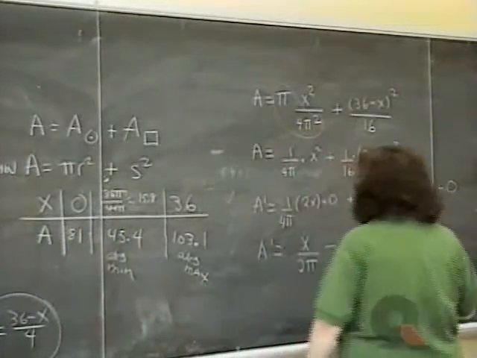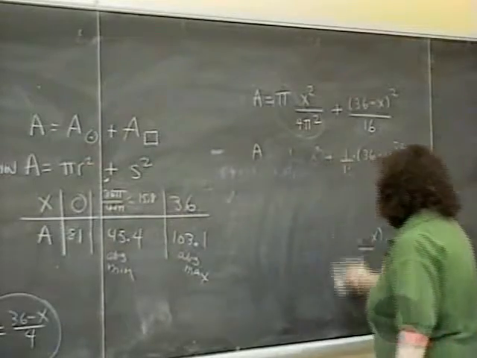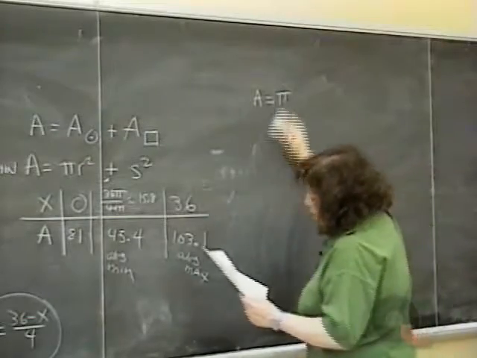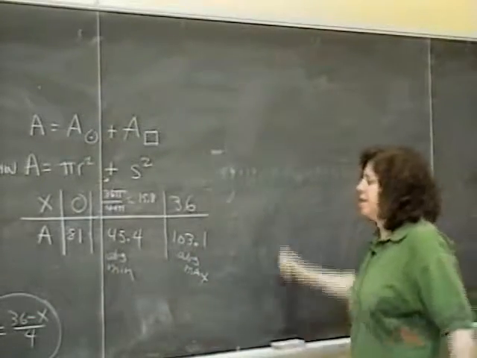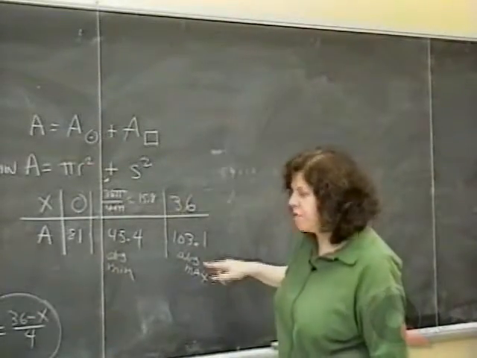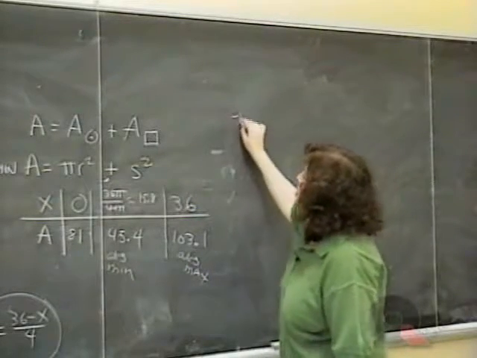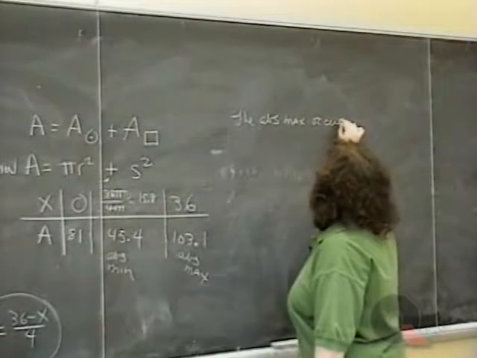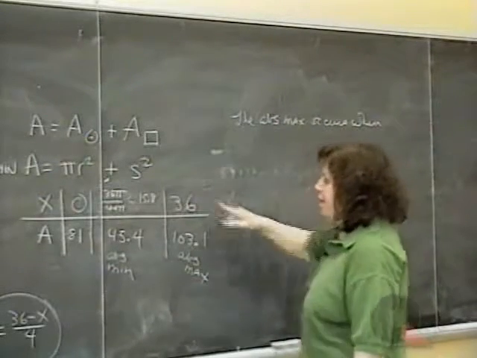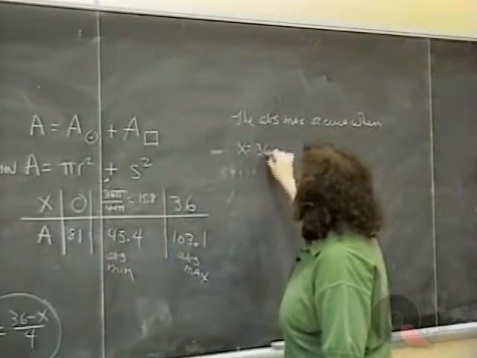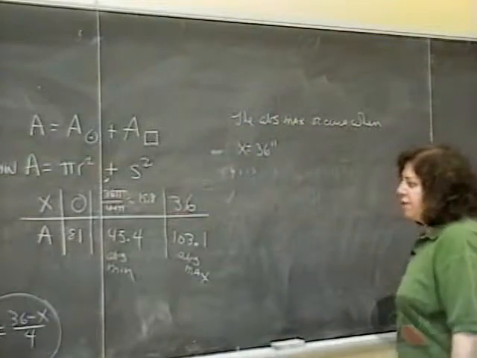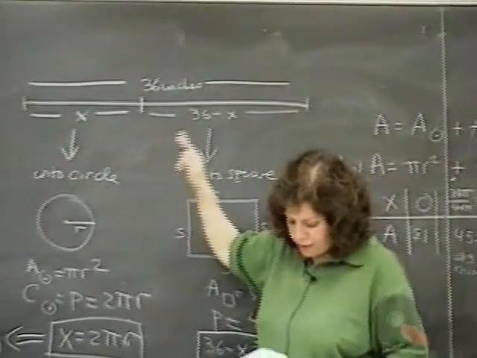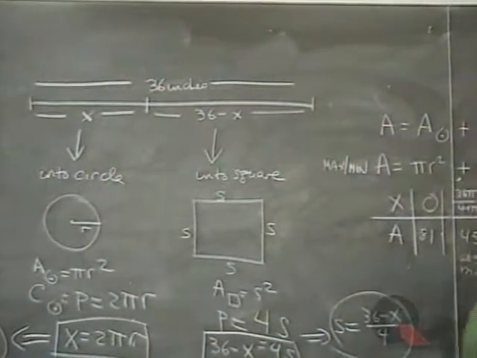So let's see what our conclusion is. We wanted to maximize and minimize the area. The absolute max occurs when x is equal to 36 inches. x, if you'll remember, is the amount that you're using for the circle. So that means everything is being used for the circle.